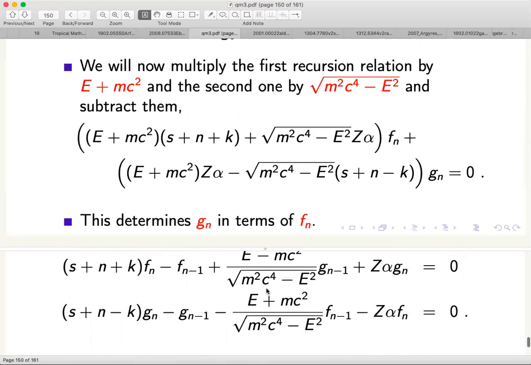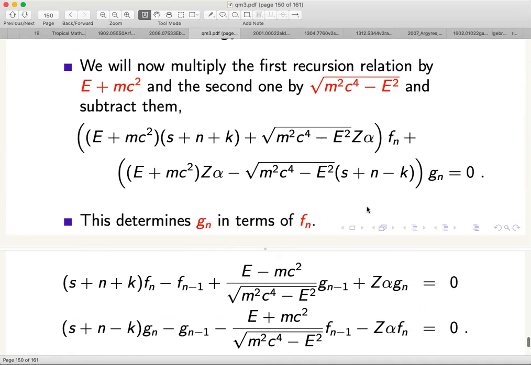Okay, so here are the equations. What you do is that you multiply the first equation by e plus mc squared, and you multiply the second equation by the square root of m squared c to the 4 minus e squared, whole to the half. So if you do that, then you have e plus mc squared multiplying this piece.